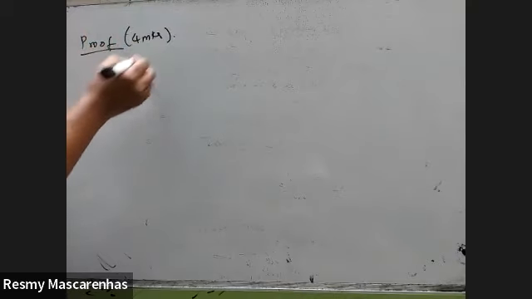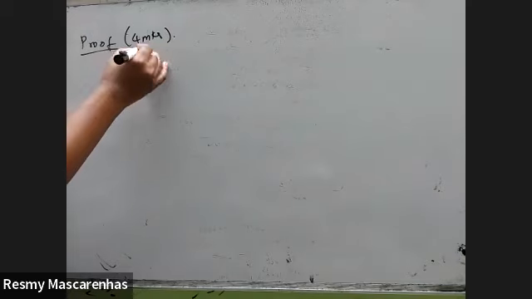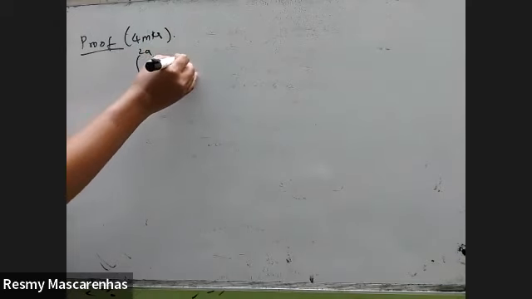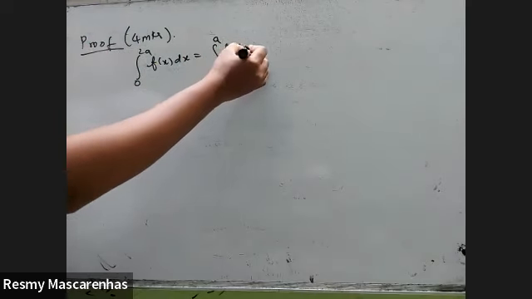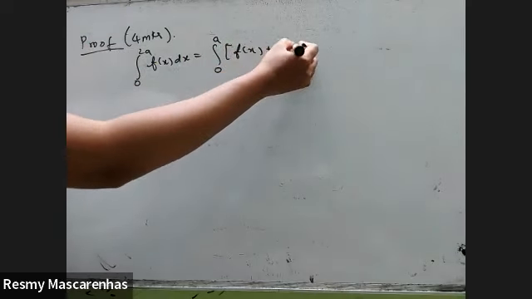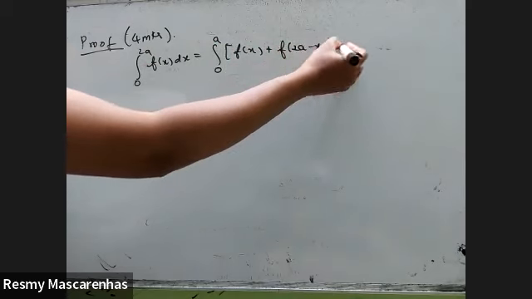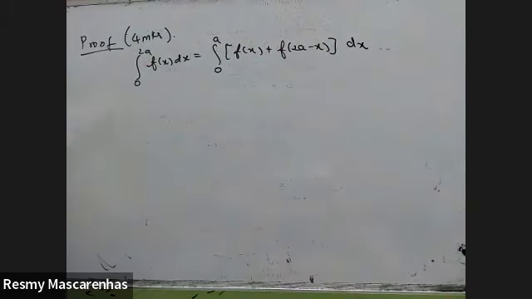The proof is integral 0 to 2a f of x dx, which is equal to integral 0 to a of f of x plus f of 2a minus x. I told you it's the same proof but can be asked in 3 ways.